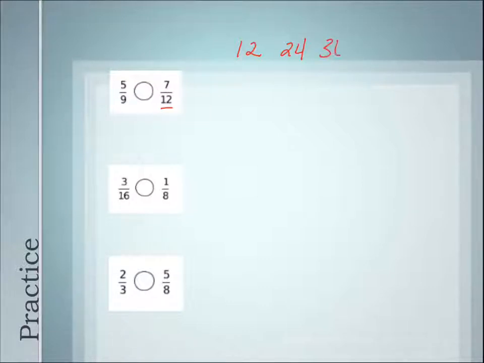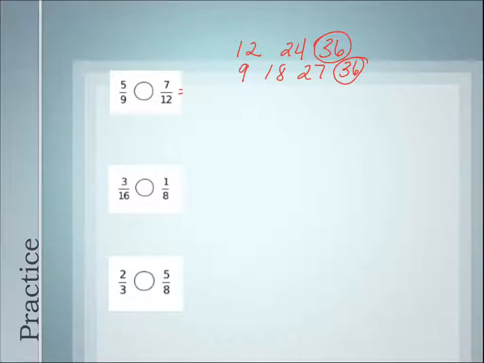No. What about 36? Can I multiply 9 times anything and get 36? I don't know. Let me count by 9s. 9, 18, 27, 36. So 36 is going to be my common denominator.